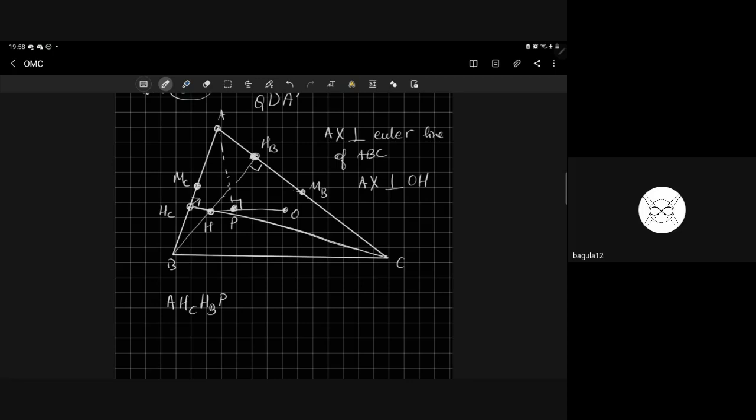Does that make sense? They all lie on a circle with diameter AH.